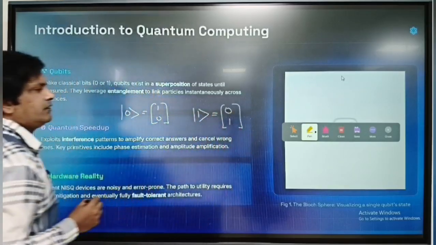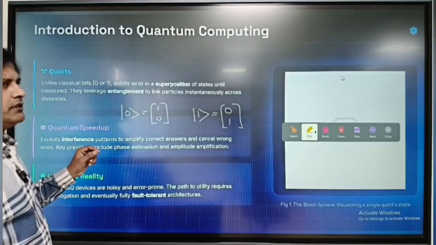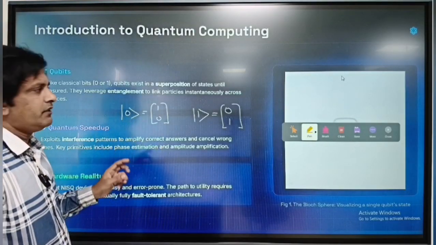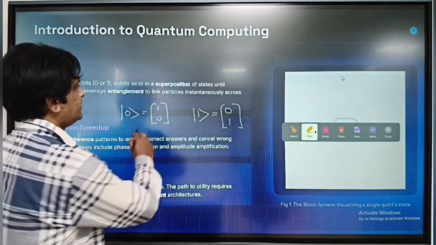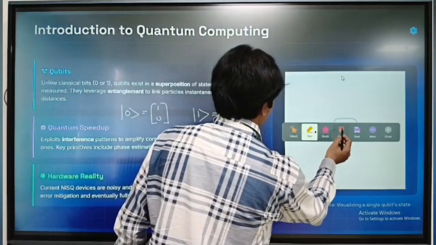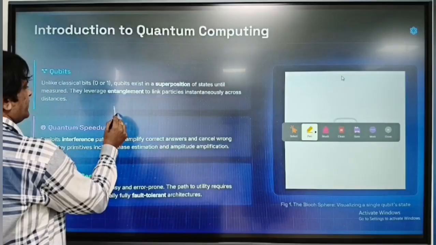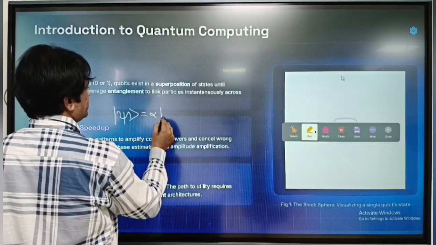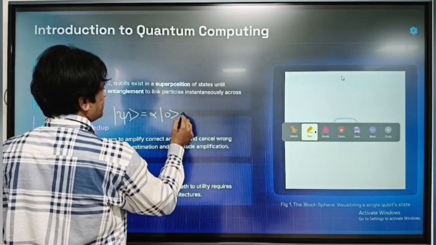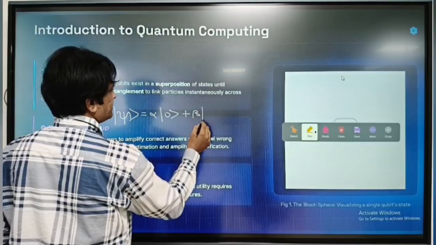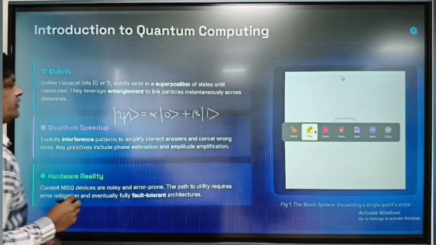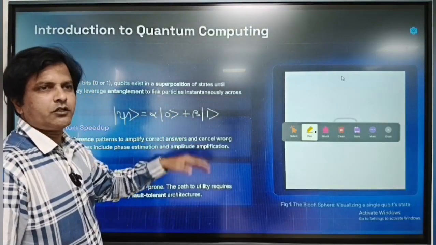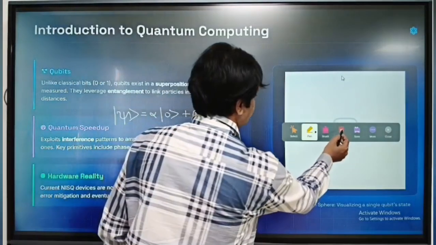So individually, when the qubit itself is represented in a superposition way, that means a combination of these two, then we can represent the qubit as a wave function like this, where alpha, beta are probability amplitudes and also they are complex numbers.